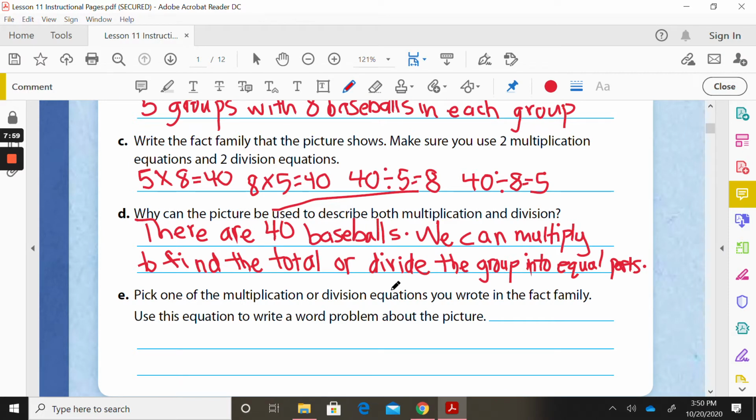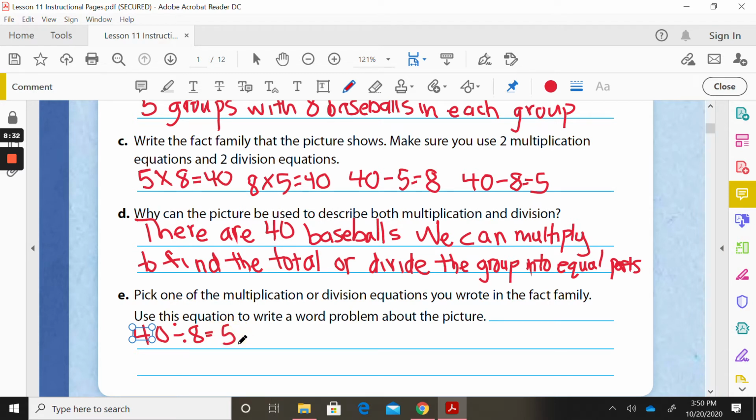Pick one of the multiplication or division equations that you wrote in the fact family. Use this equation to write a word problem about the picture. So you can pick any of these equations that you saw, but I'm going to pick 40 divided by 8. 40 divided by 8 equals 5.